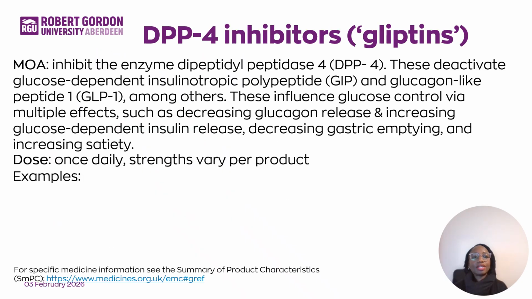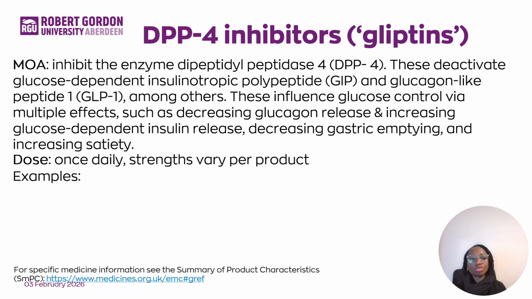So first are the gliptins. They inhibit the enzyme dipeptidyl peptidase 4, DPP4, that's where the name comes from. This deactivates glucose-dependent insulinotropic polypeptide, GIP, and glucagon-like peptide 1, GLP-1, among others.